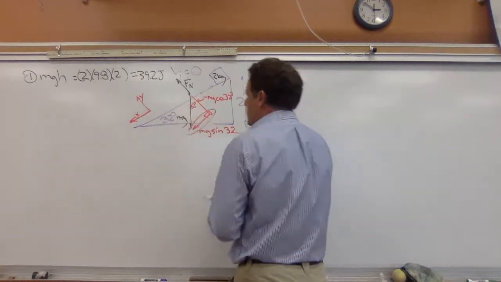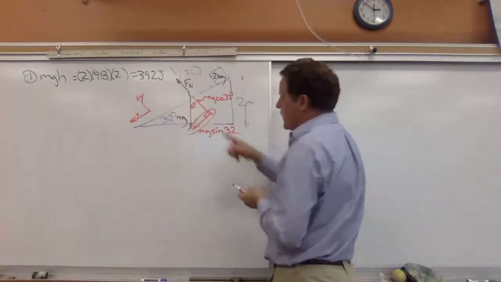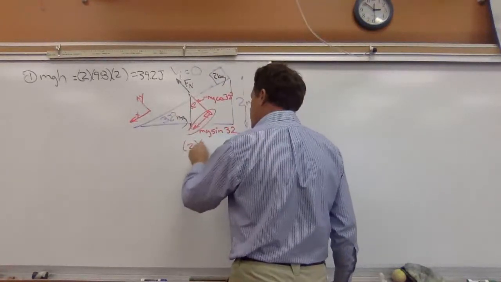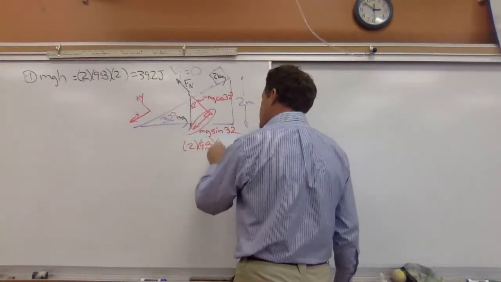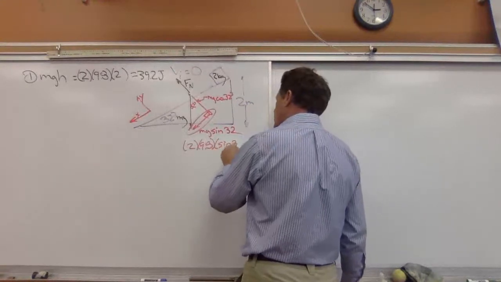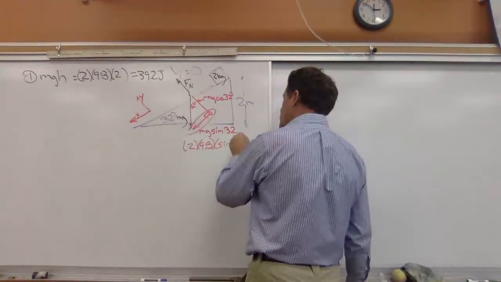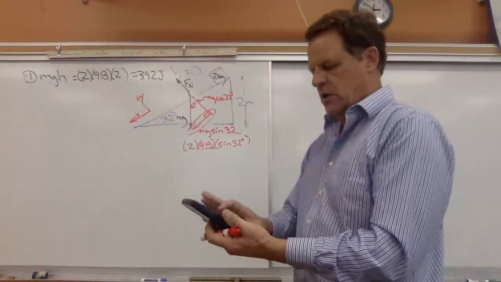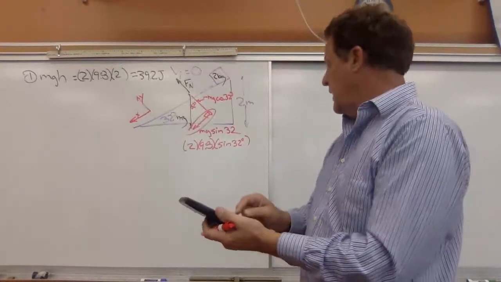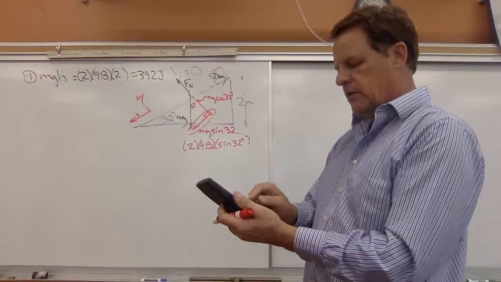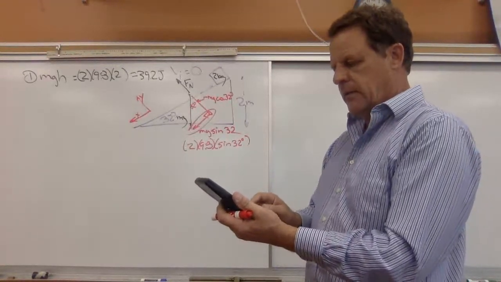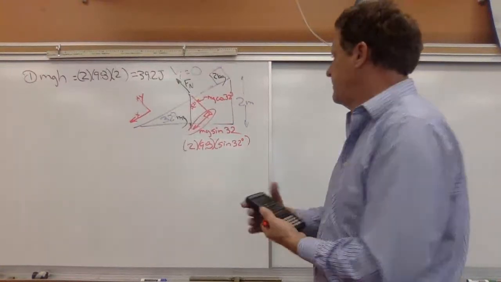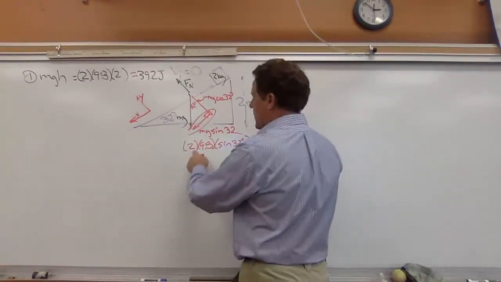Remember, vectors can be picked up and put there. So this is the vector that's going down: 2 times 9.8 times the sine of 32 degrees.